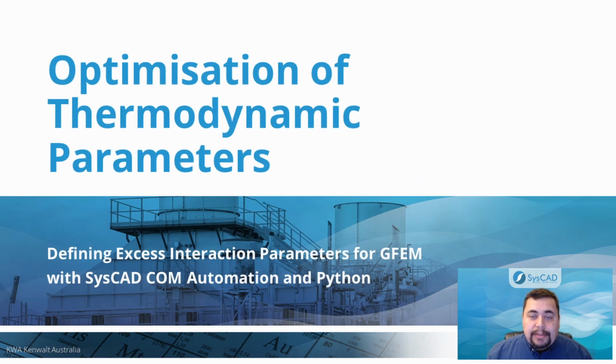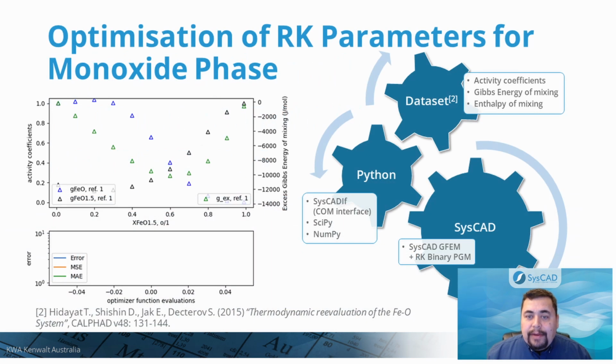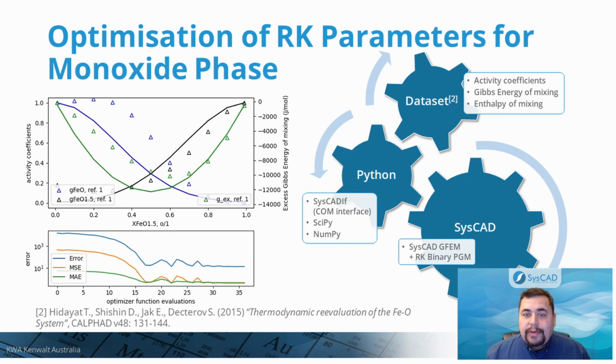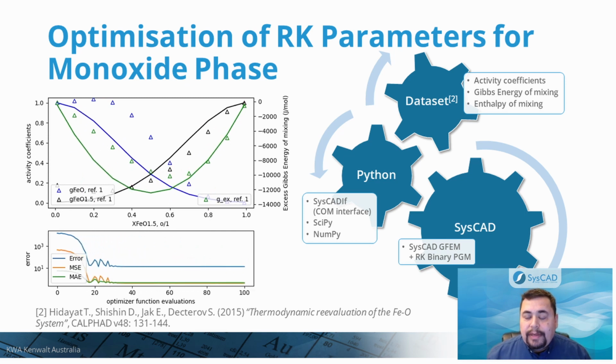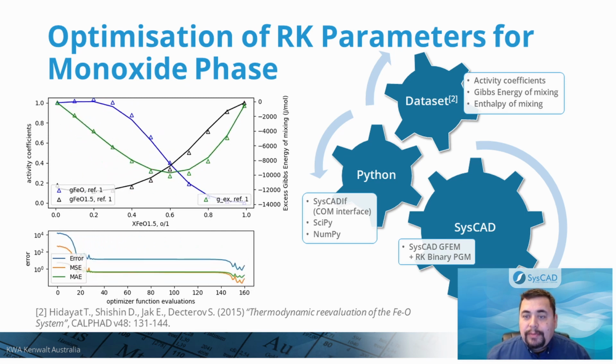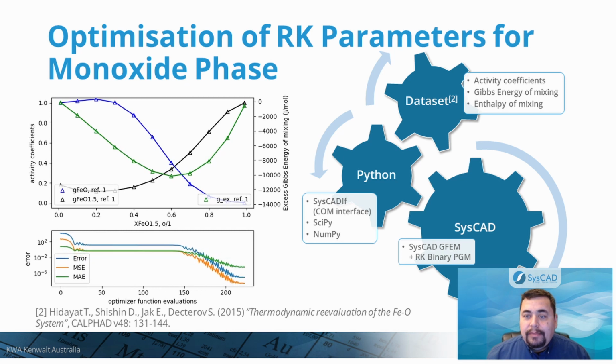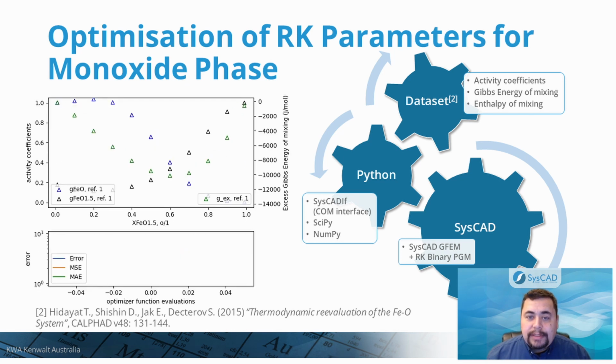In this last section, I want to show the next step in developing a full thermodynamic model, which is the possibility to optimize the thermodynamic parameters. In order to do that, new interaction parameters for, let's say, a non-ideal model can be obtained by a multivariable optimization system.